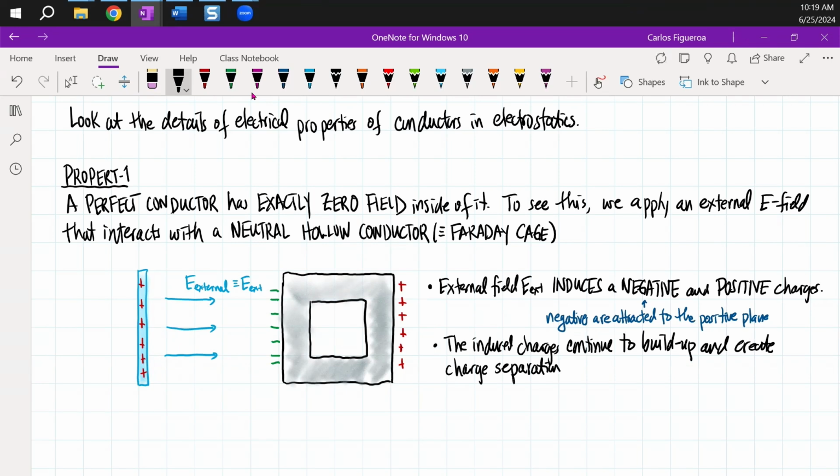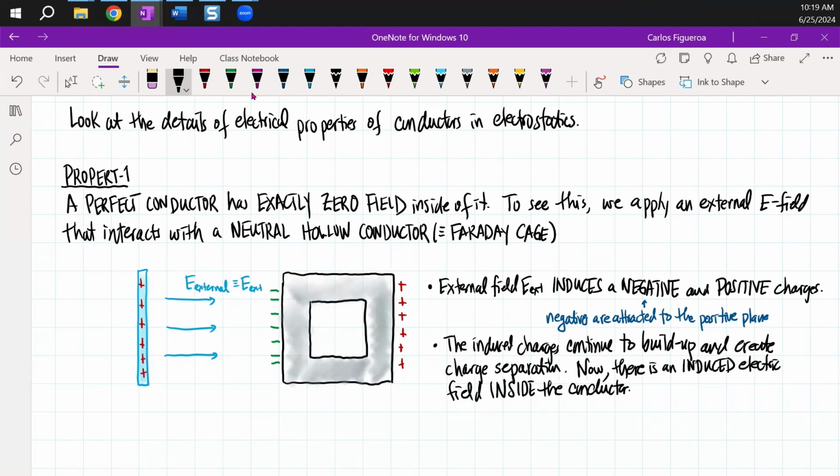But if I have charge separation, that means now there is an induced electric field inside the conductor.